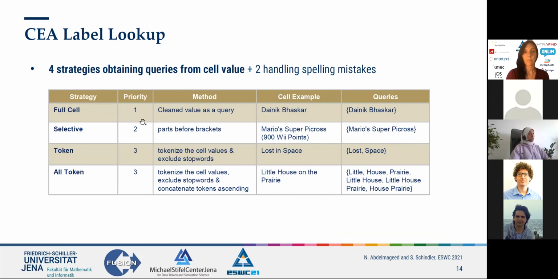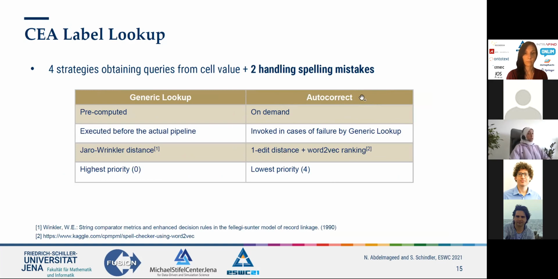For each type of strategy, we try to capture a different part of the cell value to have different candidates from the knowledge graph. The last two are meant to be autocorrection. The first one, the generic lookup, is pre-computed and uses the Jaro-Winkler distance. However, the autocorrect uses the one edit distance, and it's also on-demand execution.